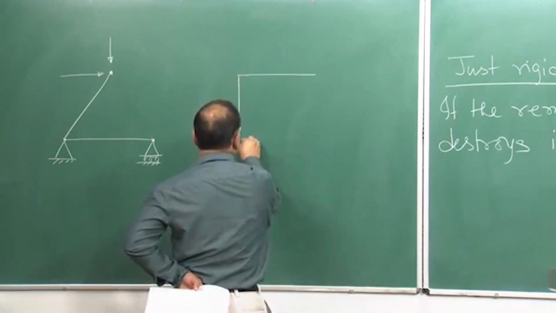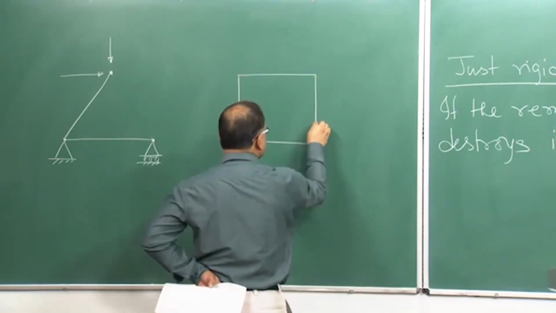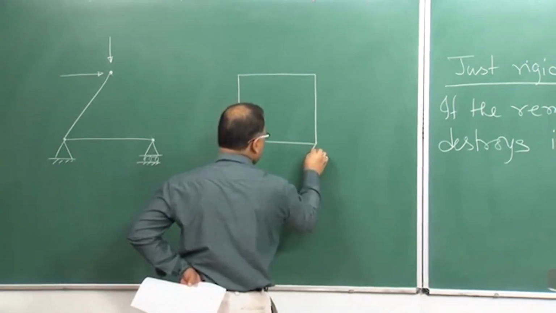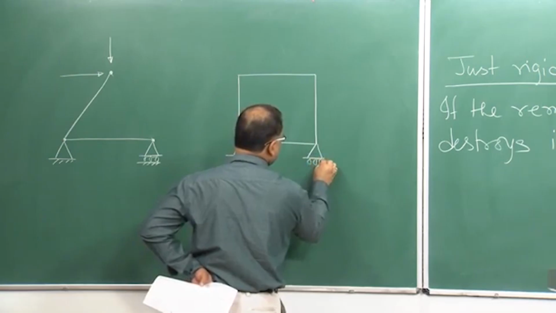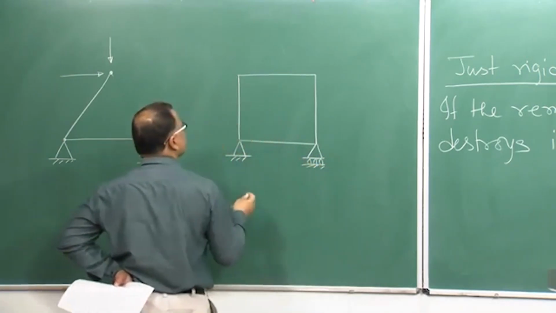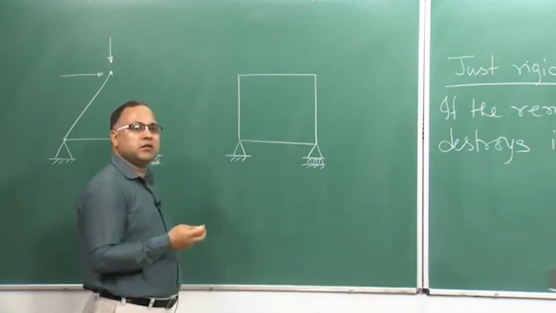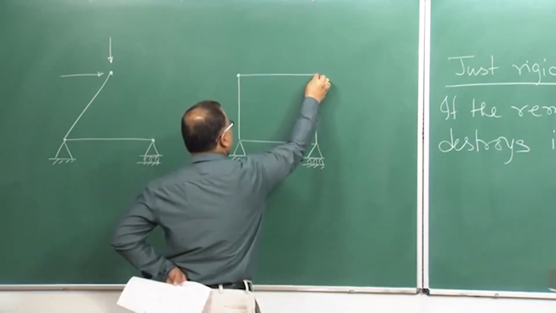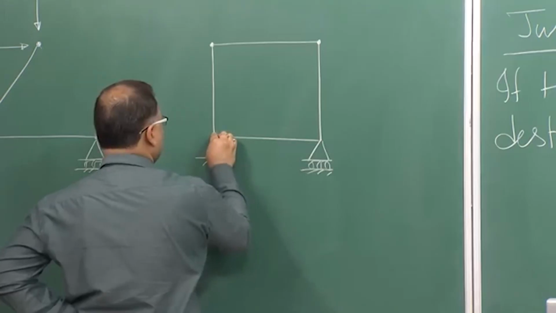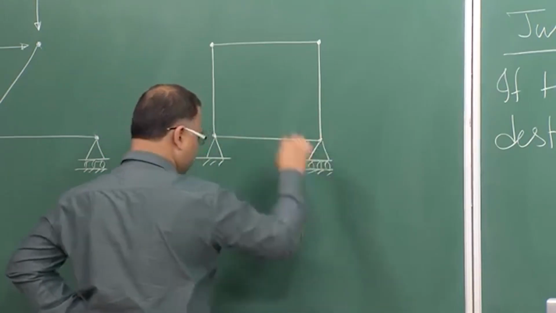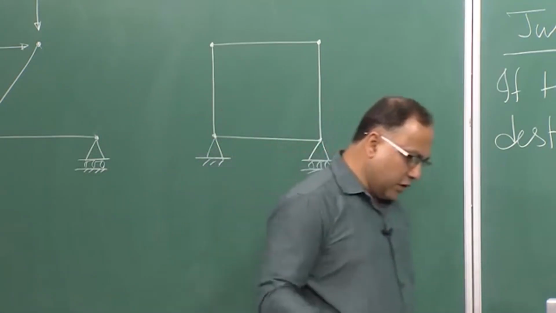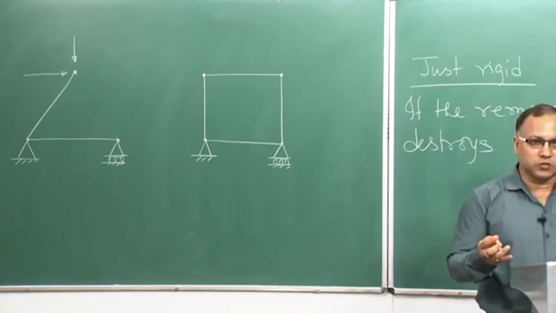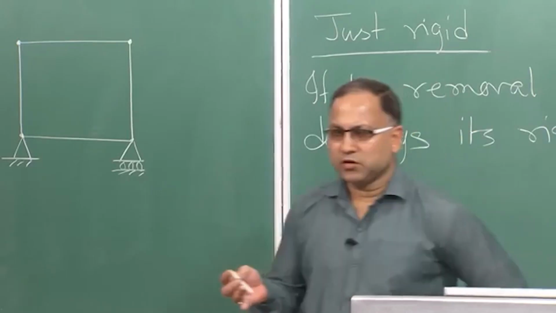Suppose, for example, you consider a truss like that, some square or rectangular shape, and these are all joints. Can you say this is a rigid structure? Yes or no? Of course not. This is not a rigid structure.